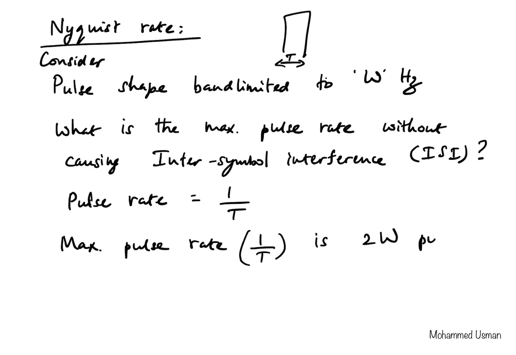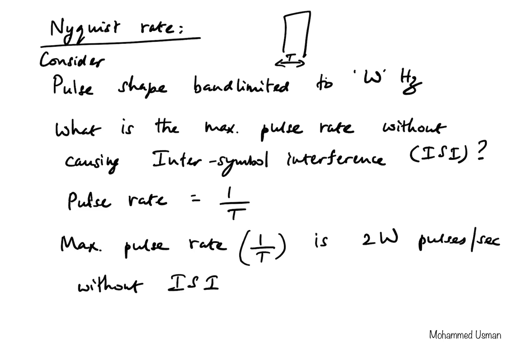So the maximum pulse rate is 2W pulses per second, and this is the limit. If we exceed this limit, it will cause intersymbol interference. If we are within this limit of 2W pulses per second, then it is possible to have communication without ISI.